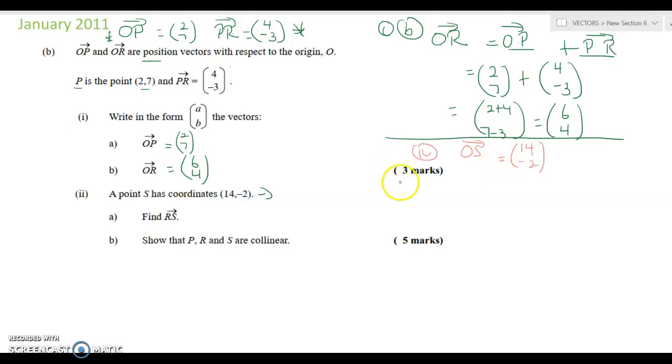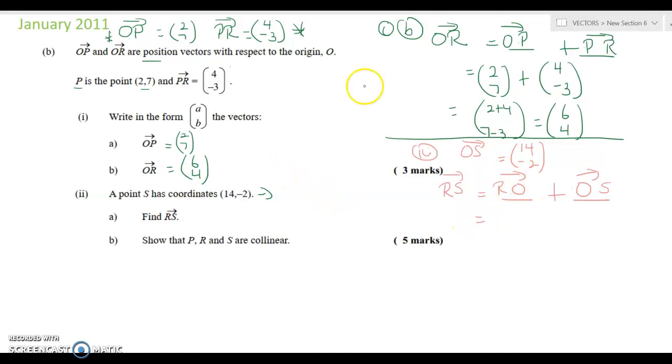That's the vector, right? Find RS, okay? RS, we have to add two vectors now. Something plus something. R will be in the front, the S at the end. So what two letters could we put in the middle? Well, we have OR and we have OS. So we could add RO plus OS. So you see how we have the same letter in the middle now?